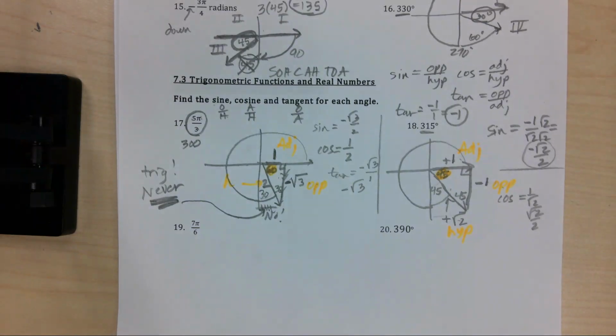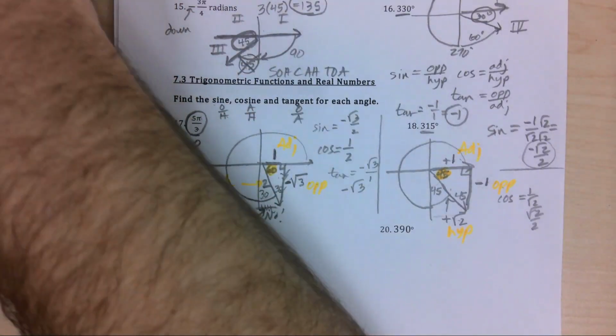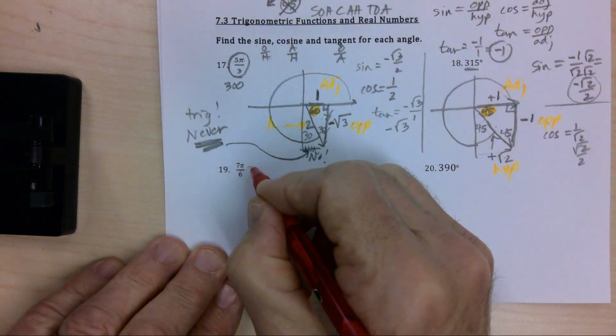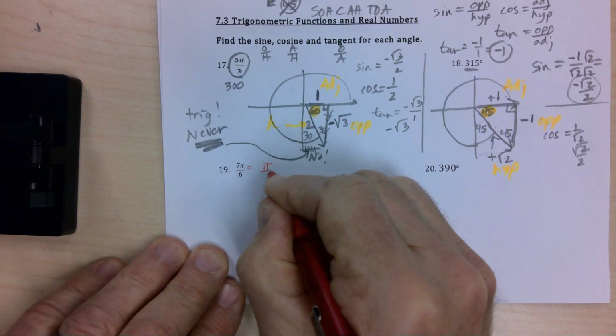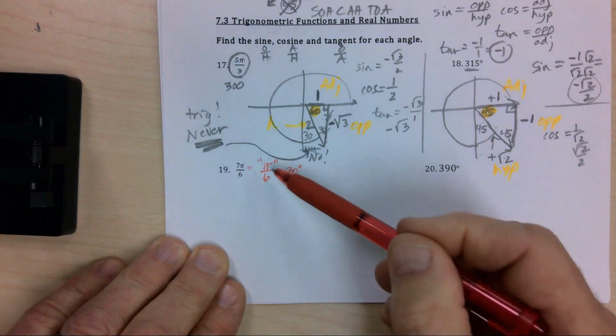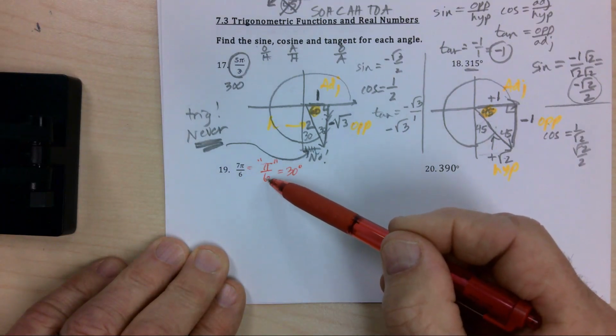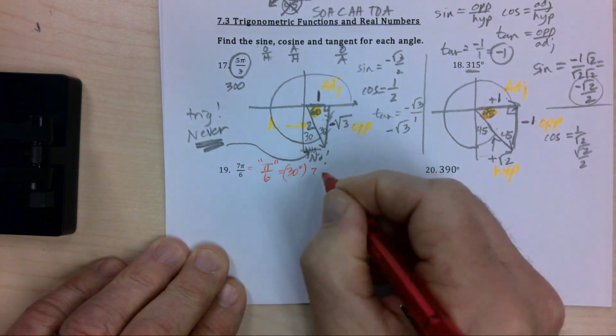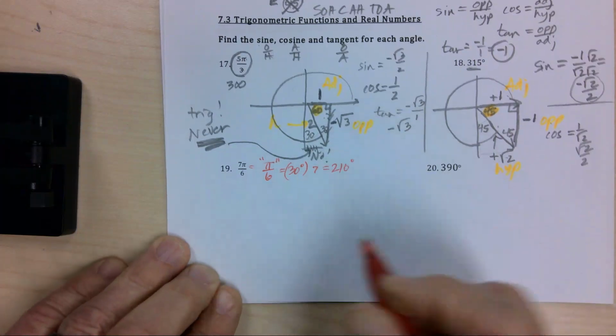All right, 2 more problems and we can be done. All my pencils are running out, getting dull, so let's go here. Okay, so pi over 6. Hopefully you just know that's 30 degrees. If you don't, that's 180 divided by 6, which is 30, times 7 is 210 degrees.